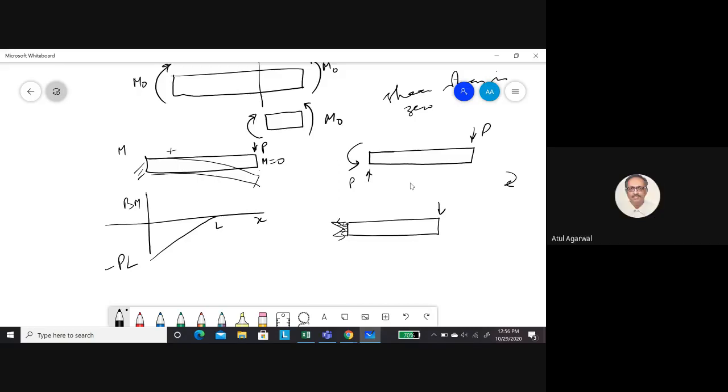Okay, but you see, there is only a moment. There are only stresses on the left face, no stresses on the right face. Now, if I tell you I want to draw only the upper half, only this part of the beam, I want to draw a free body diagram. So what will happen?